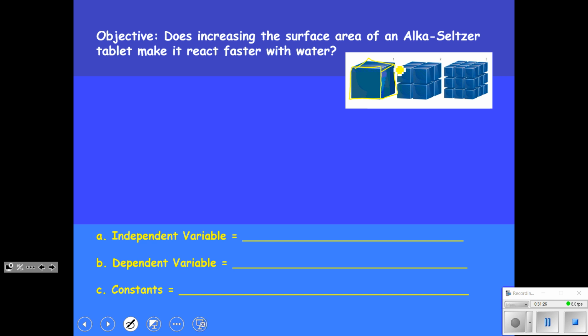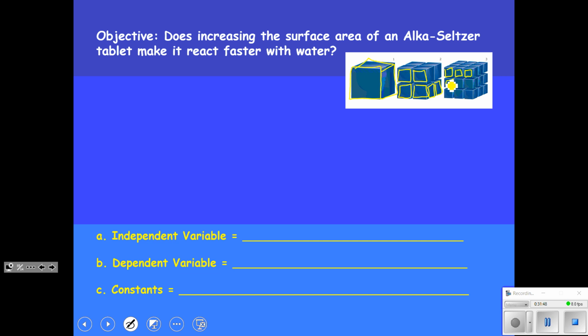If you were to take that cube and break it up, then all of these, if you look at the yellow lines, now all of those molecules on the surface of each of those have exposure to the outside environment, and so on. Break it up even more, and even more have exposure to the outside environment.